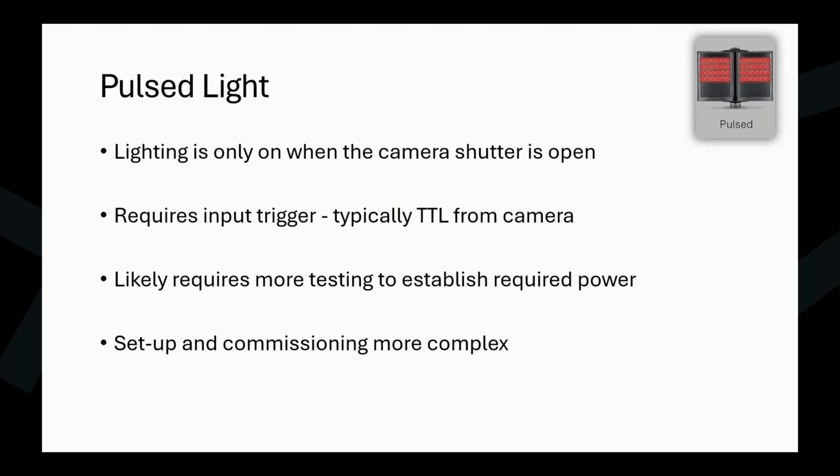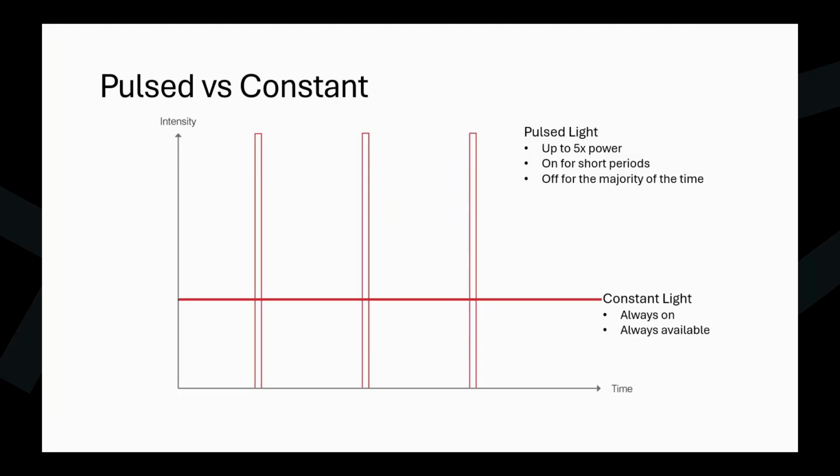Now, what that looks like, if you imagine that red line, the straight line there is the constant light output. That's what we would normally see from a 100-watt illuminator, let's say. Now, from a product, or rather 50 watts, actually, that's a best corresponding product for this example. So if you imagine that's a 50-watt output lamp, we can essentially offer up to 5 times more power with the corresponding product.